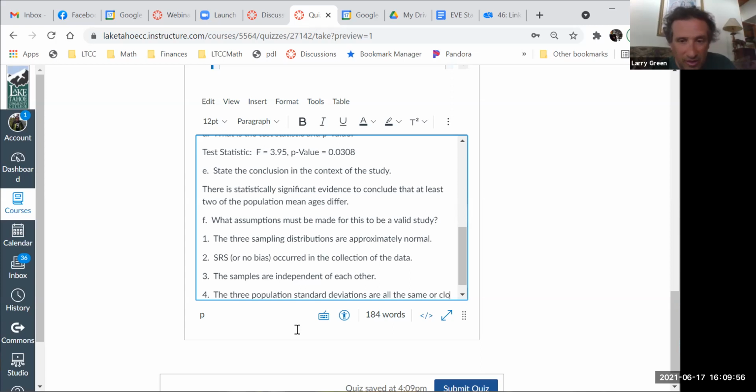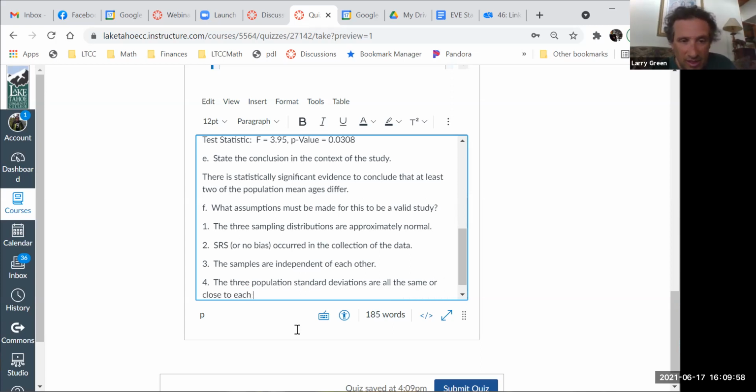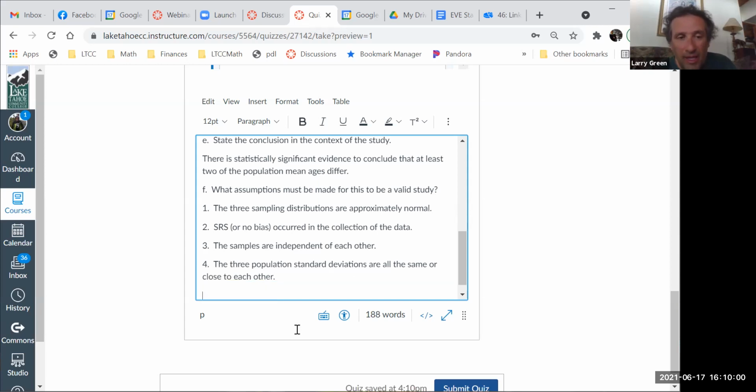Actually close. Okay, and that's an assumption that, at least for this class, we have no clue on. There are ways of looking at it, but we don't know how to do that yet, and ever in this class. So you need to take more stats to learn how to address that assumption.